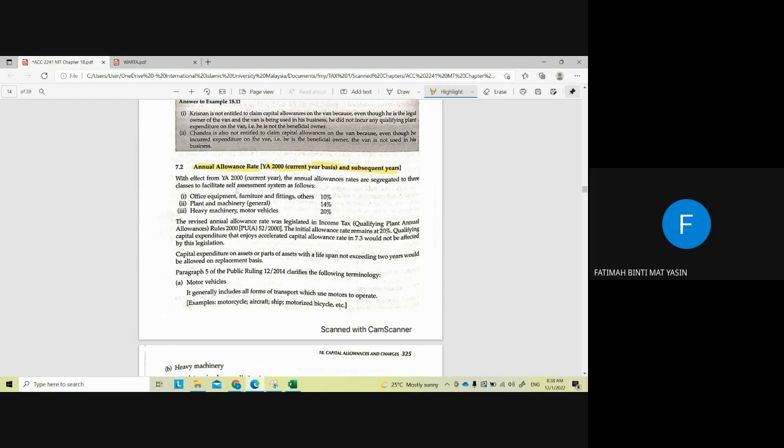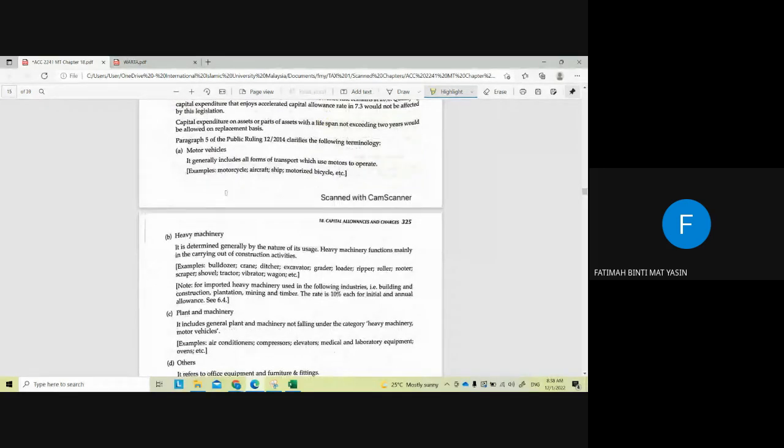So if the company acquires office equipment or furniture and fittings, the company can claim initial allowance when it first acquired the asset, initial allowance 20%, and then in the same year the company can claim 10%. And in the following year the company can claim annual allowance 10%. For plant and machinery, which is general, the annual allowance is 14%. For heavy machinery and motor vehicles, it is 20%.